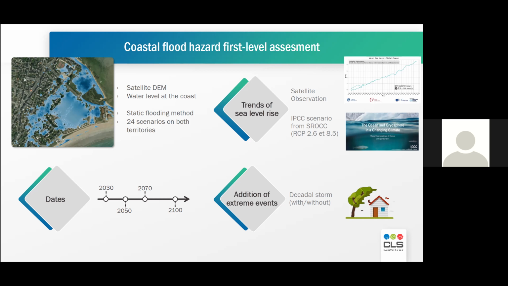On top of that, we also added the effect of decadal storm surges, taking into account the atmospheric pressure, wind effect and the tide, to the sea level rise itself. We used values coming from a global model to do this evaluation.